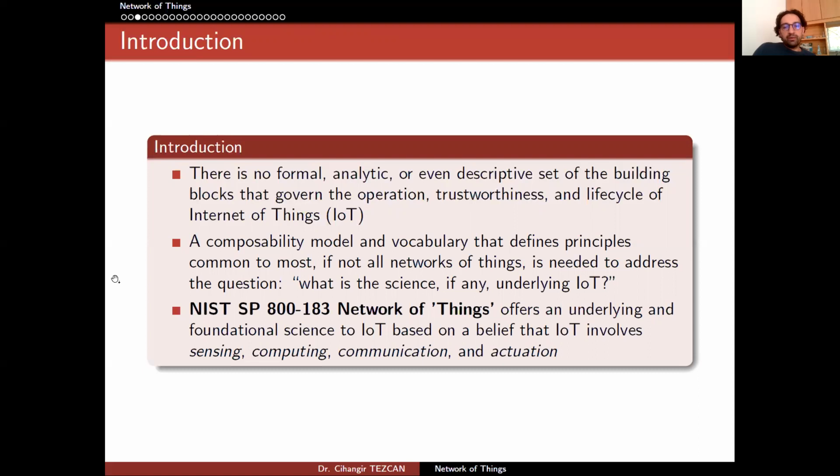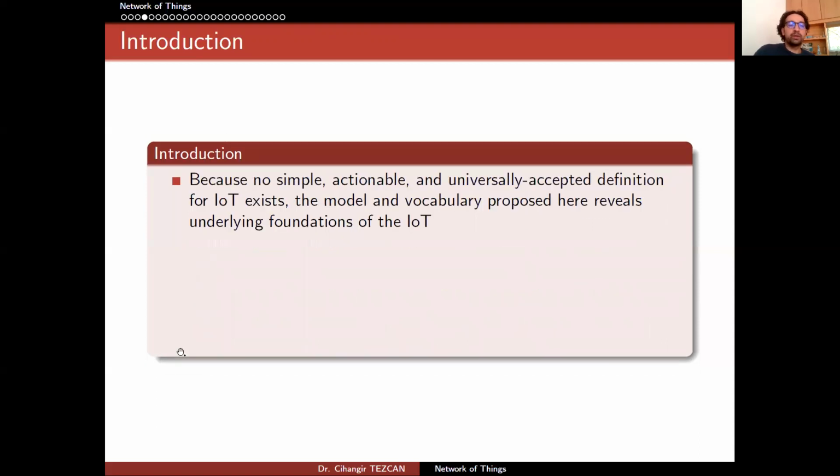So this is why we are focusing on this special publication of NIST, again 800-183 Network of Things. This document offers an underlying and foundational science to IoT based on a belief that IoT involves sensing, computing, communication, and actuation. That is the main idea behind this document.